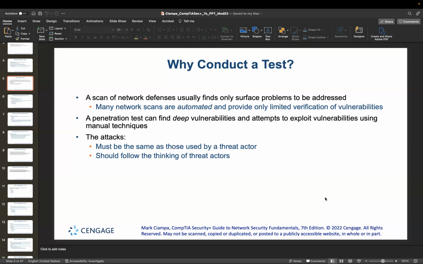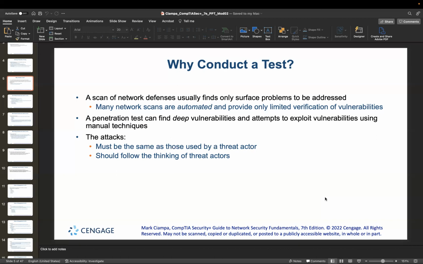So a pen tester can help us find the deep vulnerabilities and understand the possibility, the skills needed, the attempts, the routes to exploit those vulnerabilities. It's like I can tell you, okay, I have a big building, like a 10-story building, that has an unprotected window on the 10th floor.